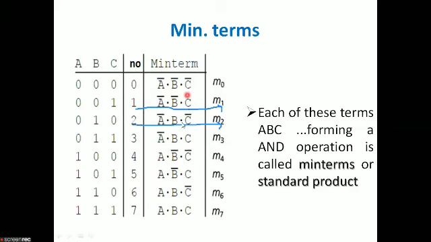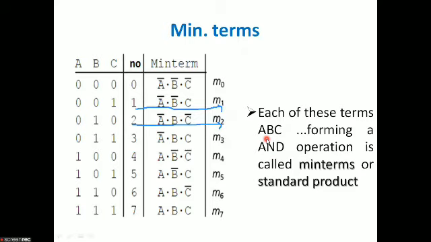And inside it there is an AND operation going on, followed by dot operations. So each of these terms, A, B, C, forming an AND operation is called the min terms or the standard product.